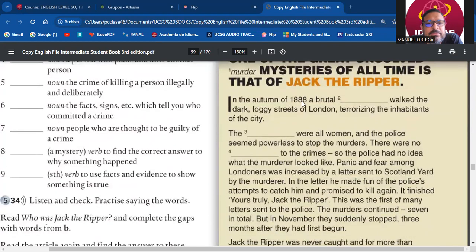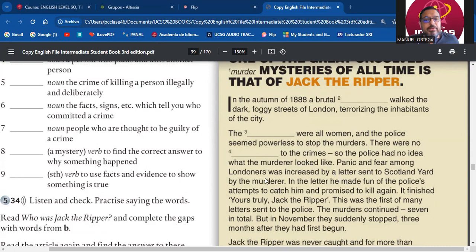In the autumn of 1888, a brutal walked the dark, foggy streets of London, terrorizing the inhabitants of the city. They were all women, and the police seemed powerless to stop the murders. There were no to the crimes, so the police had no idea what the murder looked like.